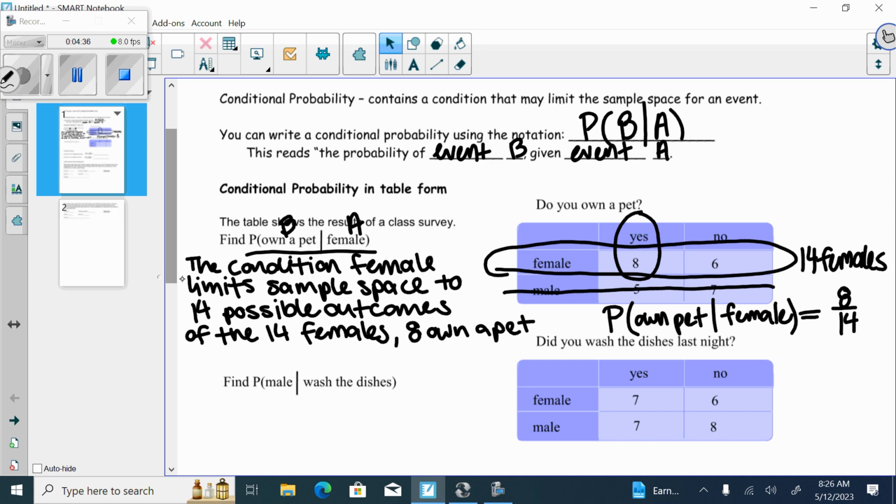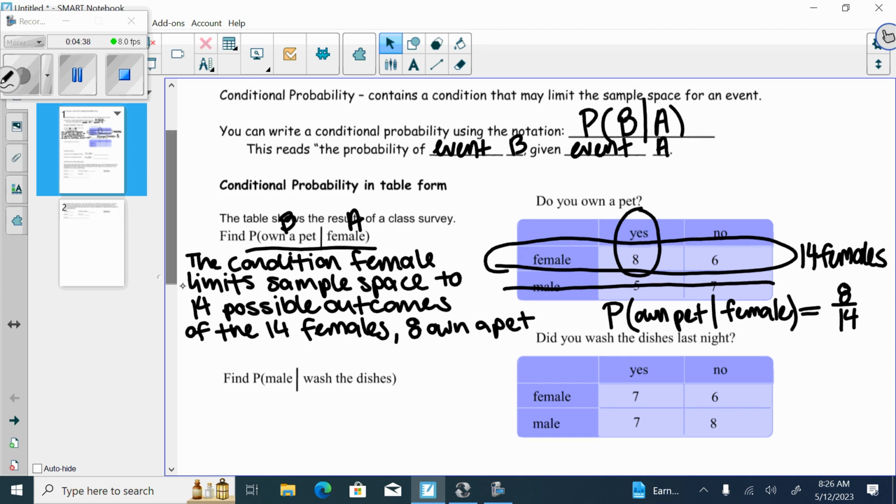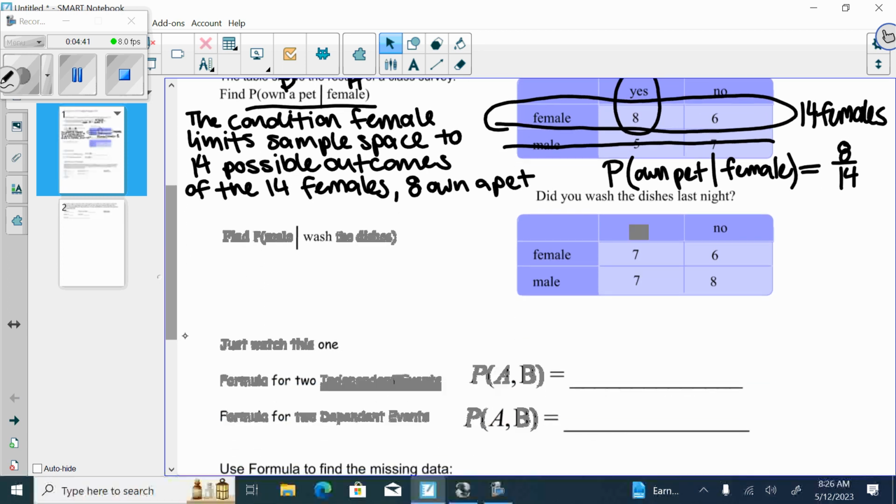Okay, this next one says, find the probability of a male given that they wash the dishes. So this time, this is my event B, this is my event A. I always look at event A first. So, what am I looking at? The people that said yes to washing dishes. So that'd be all of these people, right?